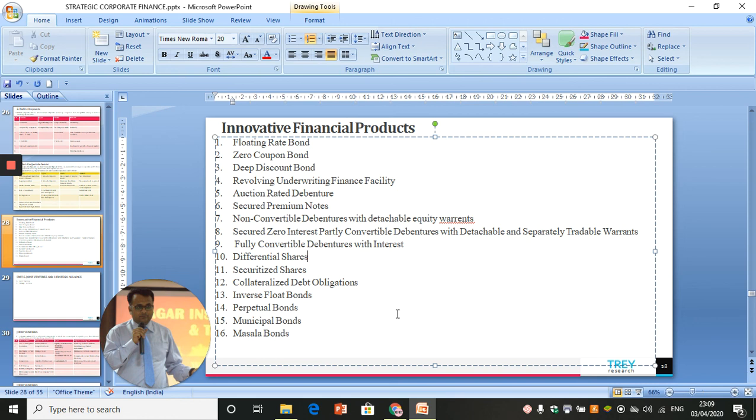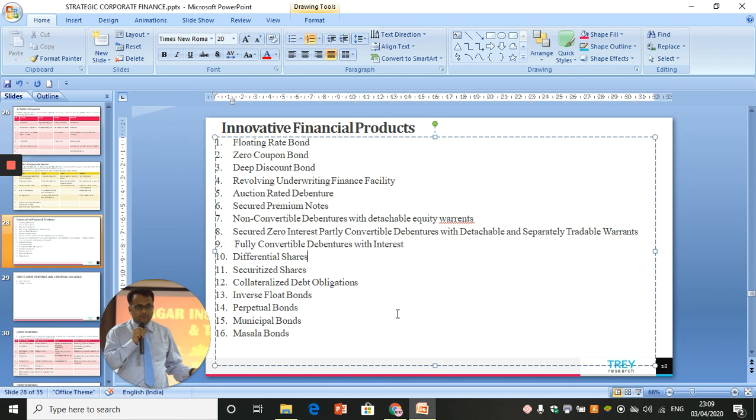I'll talk about these things more in detail, because there can be obligations which a company can take, and they can be collateralized as well. Collateralized means there can be secondary security which is backing these instruments, and they are CDOs.